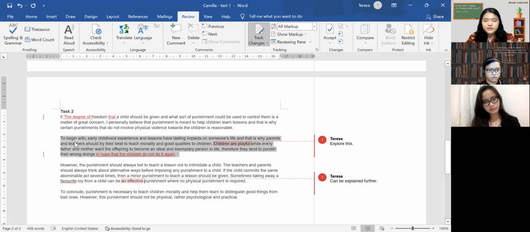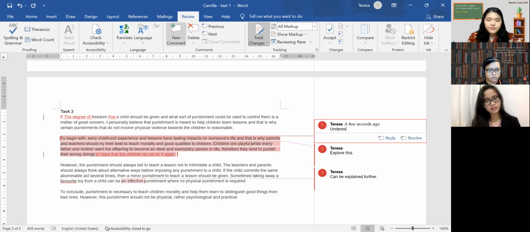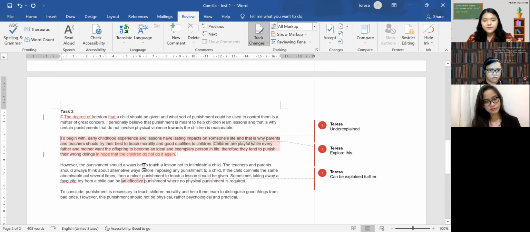So this paragraph especially is very underexplained. Okay. Should always be. Okay. Aim to teach a lesson, not to intimidate a child.